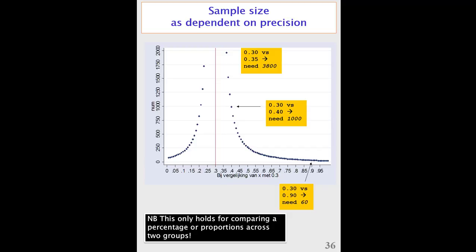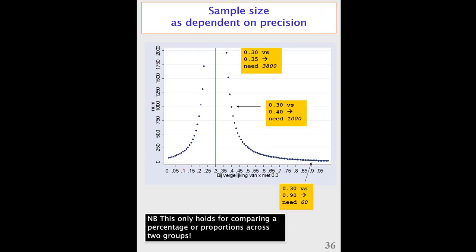Here we have 0.3 on the horizontal axis, and you see for comparisons with 0.3, here at 0.4, that's 1,000. And you see it grows fast the closer you get to 0.3. If you have a really big difference, 0.3 versus 0.9, a massive difference, you still need 60 to make sure that you can find that with a reasonable probability. 0.3 versus 0.35, you already need 3,800, so let's say 4,000.